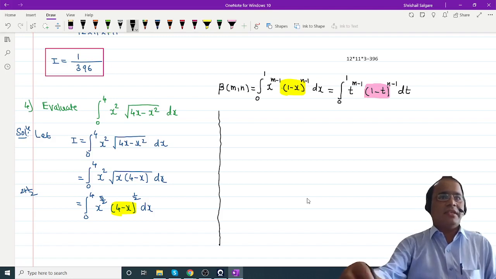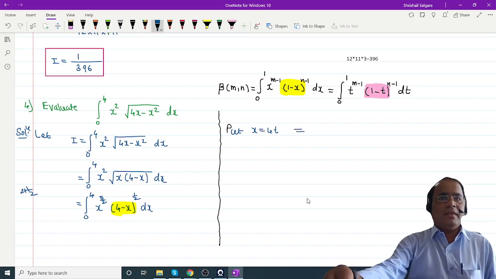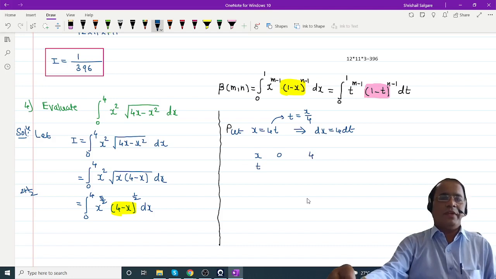Now according to this, your substitution is x is equal to 4t. Further, dx is equal to 4 times dt, and t is equal to x by 4 also. Now the given limits are x is equal to 0 and x is equal to 4. For the new limits of t: when x is 0, t is also 0.